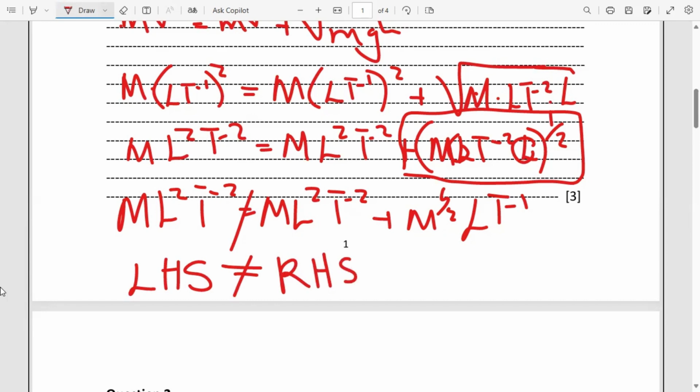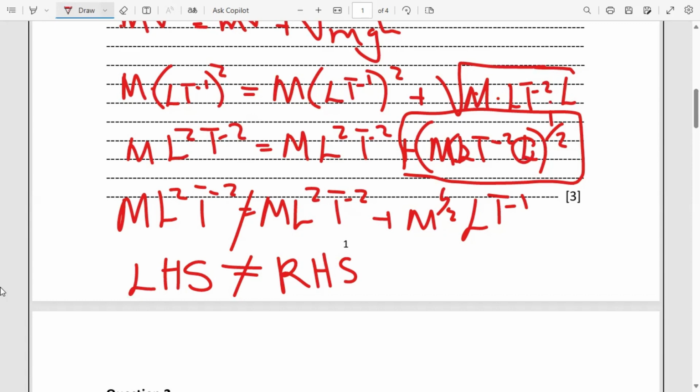And if you ever lead into this observation, what are you supposed to conclude? Your conclusion is that the equation that you are having cannot dimensionally stand, is not dimensionally consistent, and hence is not dimensionally correct. So what is our conclusion here?